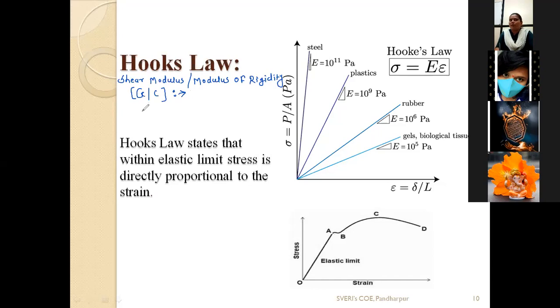So G or C is equal to shear stress divided by shear strain. Shear stress is denoted by tau and shear strain is denoted by gamma. So G or C is equal to tau divided by gamma, or you can write tau is equal to G into gamma, or tau is equal to C into gamma.